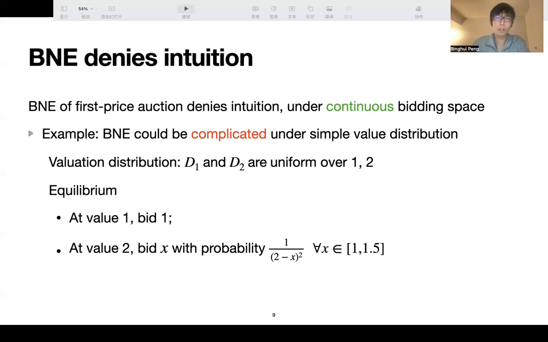After some calculations, one can show the equilibrium is symmetric, and in the equilibrium, if the player has value 1, then it wants to bid 1. However, if it has value 2, then it wants to bid x with probability proportional to 1 over (2 minus x) squared, where x is any number between 1 and 1.5. So under this very simple valuation distribution, the equilibrium is quite complicated and quite strange.